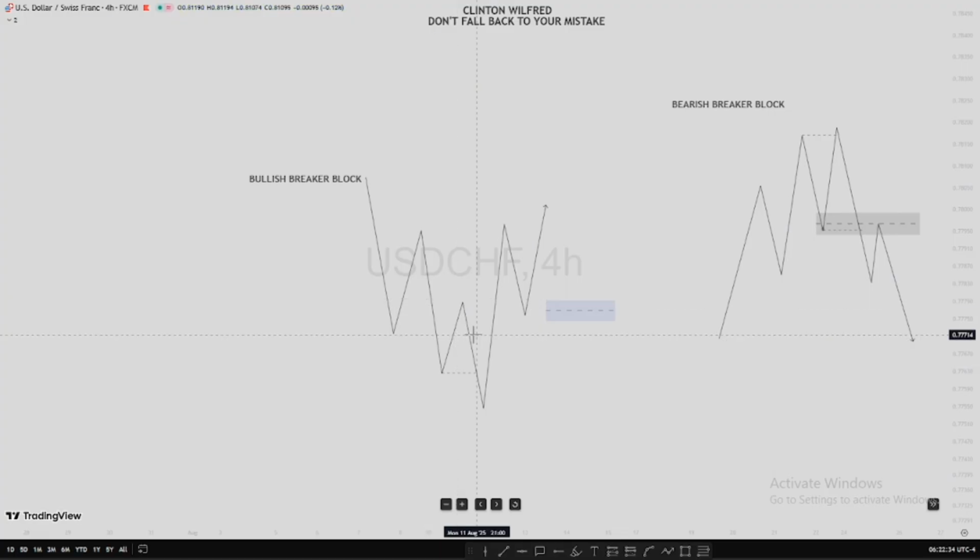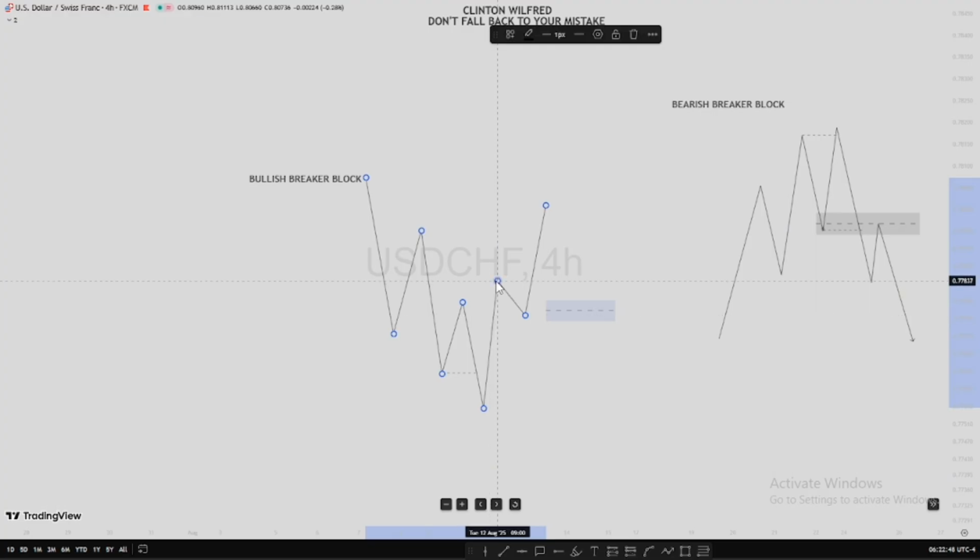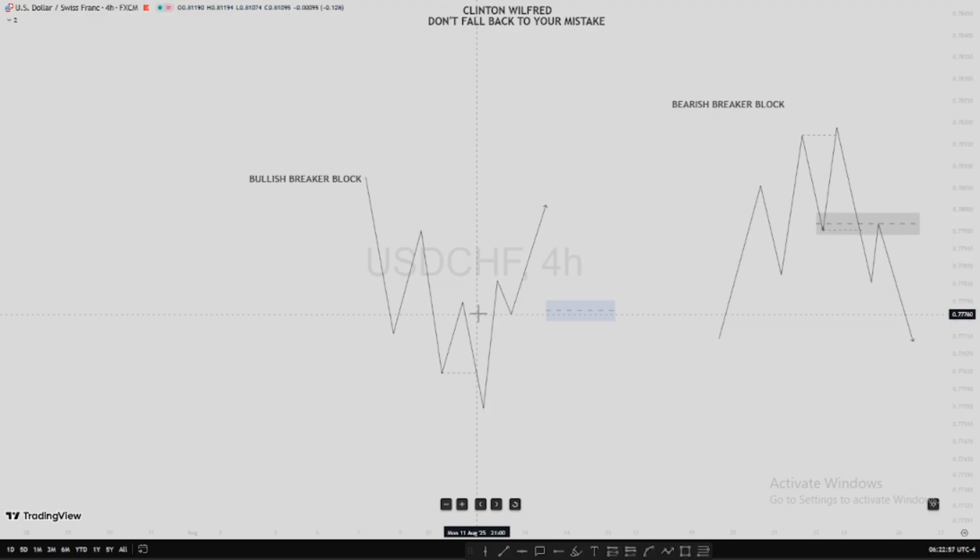But now price failed to trade to that other block and ran past it and also the short-term highs. That's how you call it a failed order block.